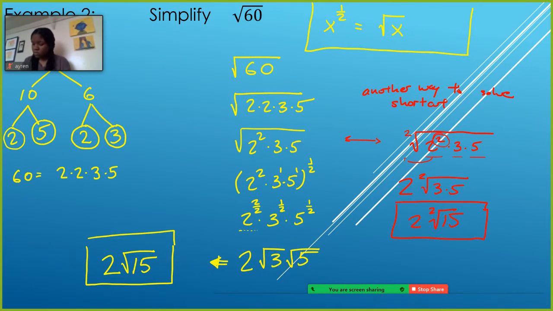And rooting cancels the exponents when they match. And that's why I'm just saying, okay, if I'm taking a square root of a square number, then I get to bring that outside, the base 2. And then 3 and 5, they don't have a square power, do they? So they're trapped inside. They don't get to simplify and come out. And we get the same answer either way.